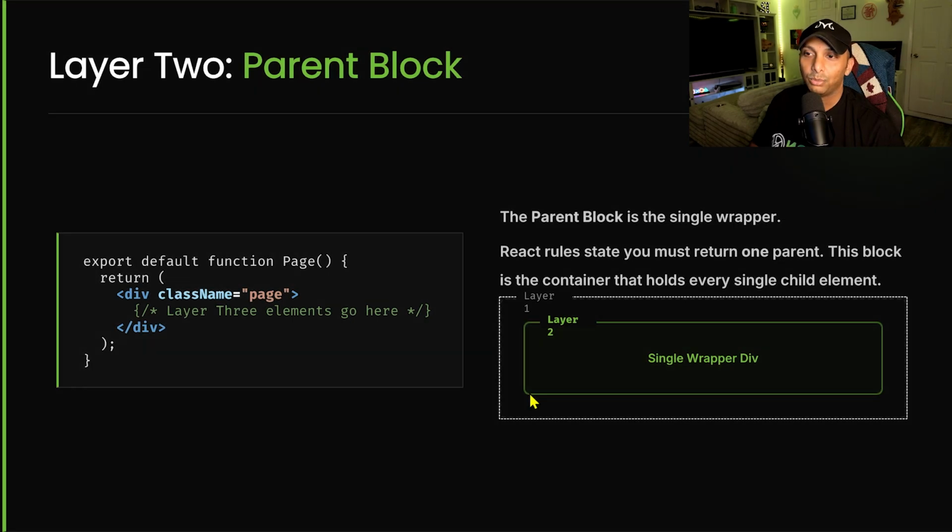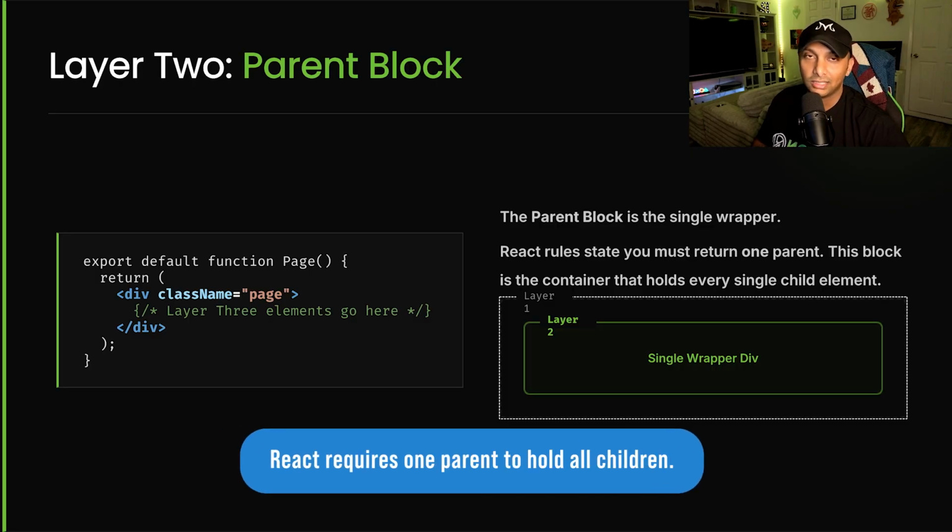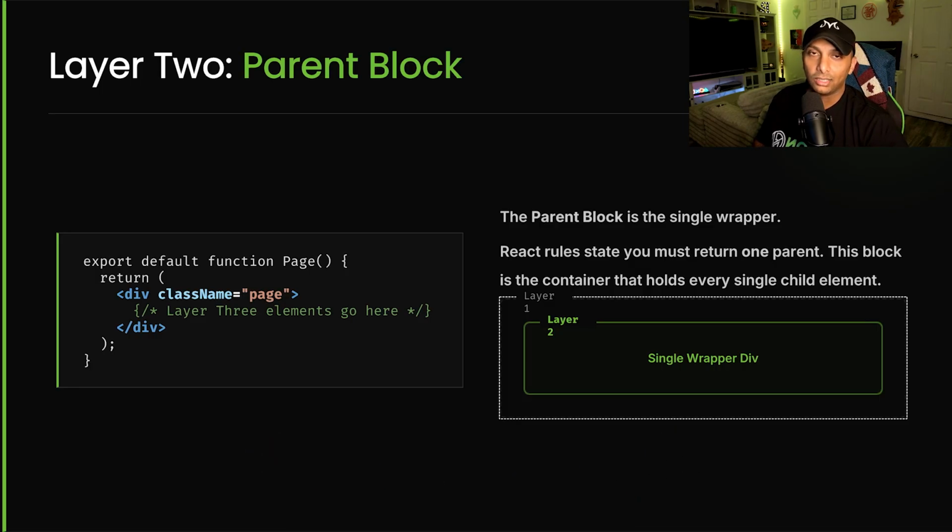All right, so next up we have the parent block. Inside of layer 1, we have layer 2. Now that we made the page and we want our website to actually show something, we have the page set up first, and then we say, okay, now within that, I want to have the actual class name of page. This is going to be my first layer of my design scheme, my first parent hierarchy that I established.